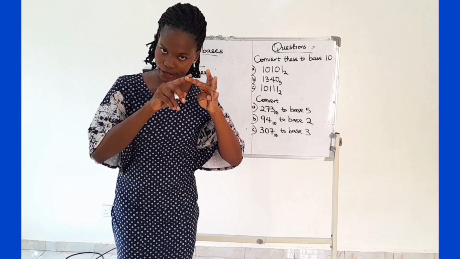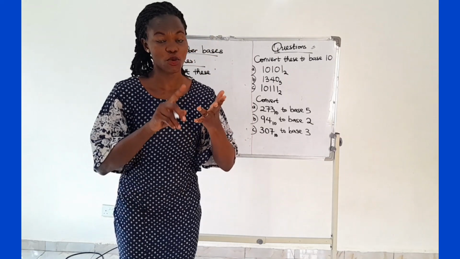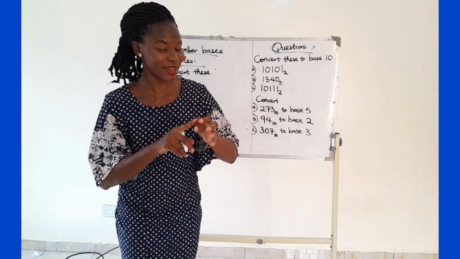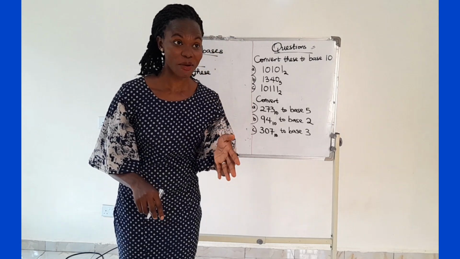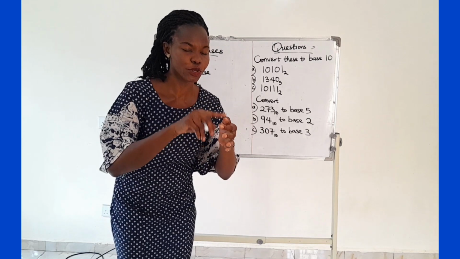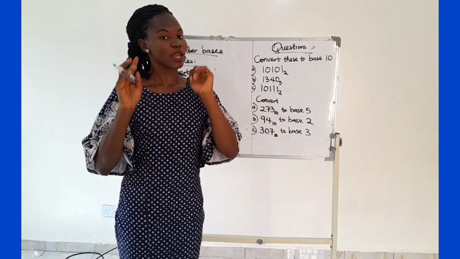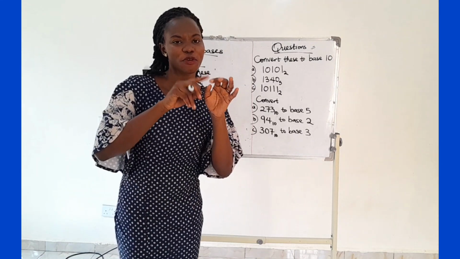So 3 is the highest digit. For base 5, quinary, we have 5 digits, 0, 1, 2, 3, 4. 4 is the highest. We have base 6, the senary. It has 6 digits, 0, 1, 2, 3, 4, 5. We have base 7, it has 7 digits, 0, 1, 2, 3, 4, 5, 6.